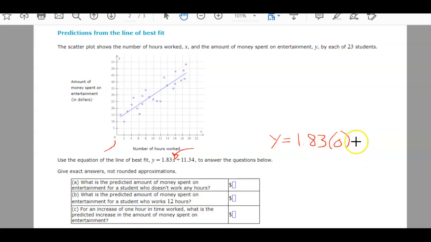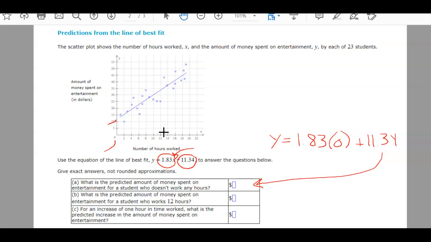So that's going to be 1.83 times 0 is 0, plus $11.34. Okay, so this is going to be $11.34. And remember this 11.34 in the equation y equals mx plus b, that is the y-intercept, and that's kind of what we figured out, right? And the slope of this line is 1.83.